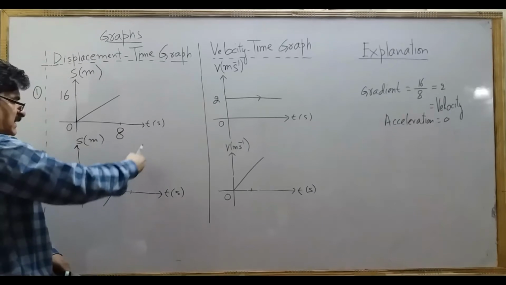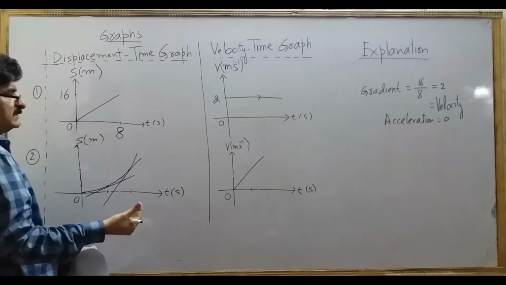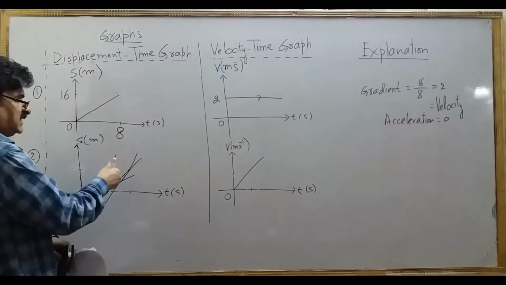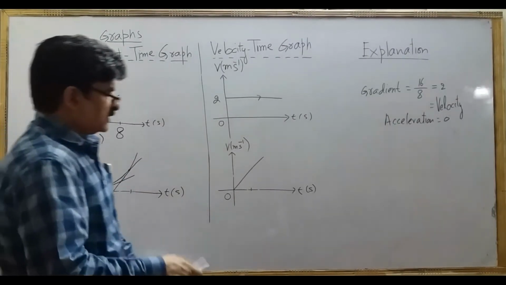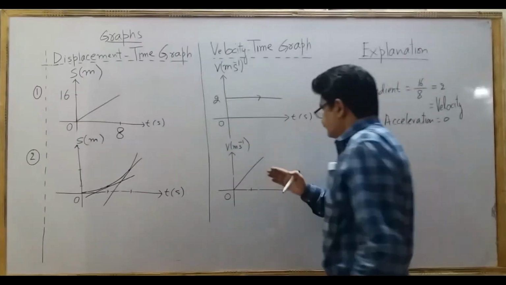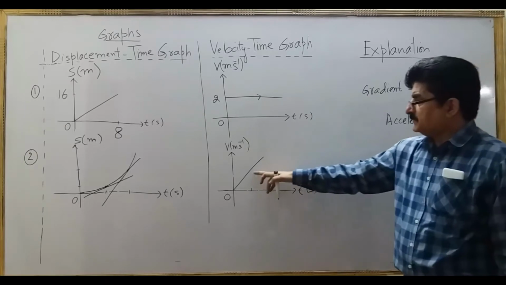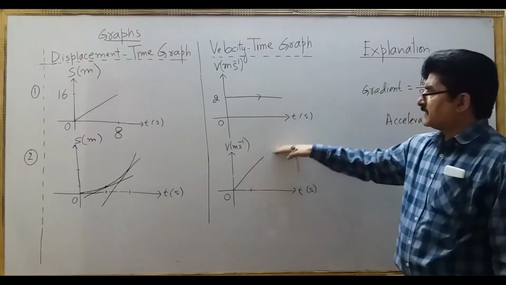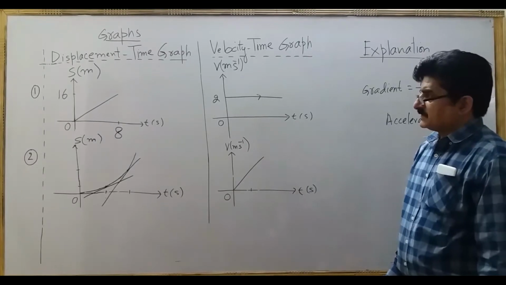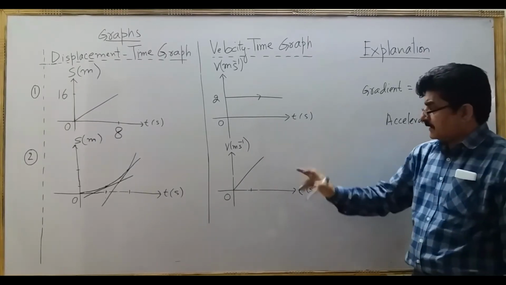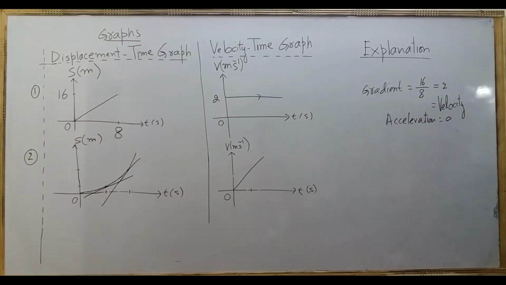But velocity is increasing, and acceleration is constant, which means that the change in velocity is constant. So the velocity time graph will be straight because it is moving with constant acceleration, and the gradient of the velocity time graph is acceleration.